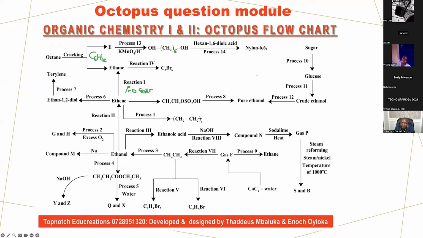So what is this process? Polymerization. And what is the reagent? For nylon 6,6, we normally use hexane 1,6-dioic acid and hexane 1,6-diamine.